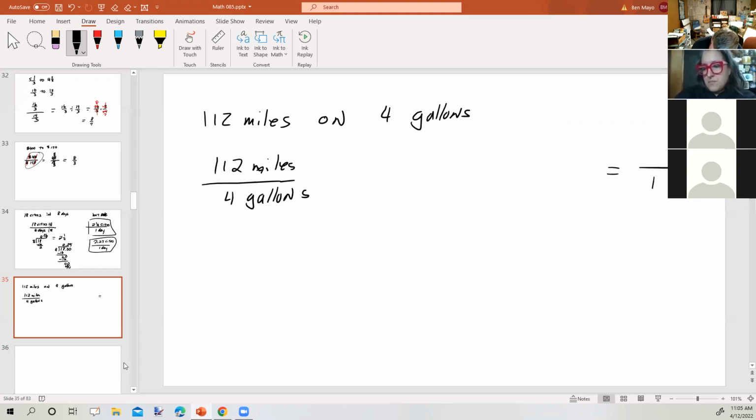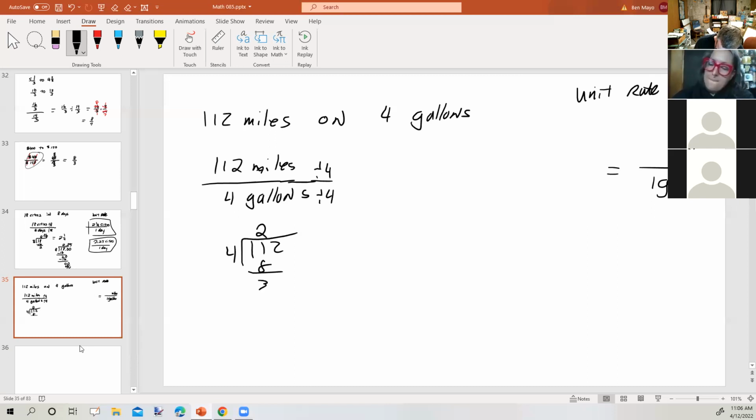I want my final answer to be so many miles per gallon because it's asking for a unit rate. So what am I going to do? Well, I'm going to divide the top by 4 and the bottom by 4. So the bottom is going to be 1 gallon. Okay. 112 divided by 4 goes in twice, 8 times. So 28 miles per gallon. All right. Any questions there?